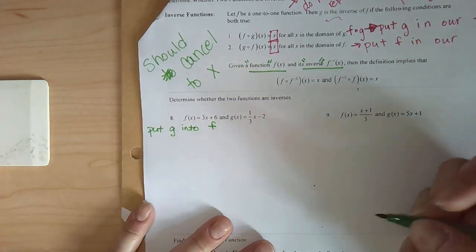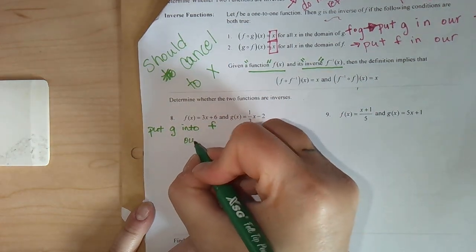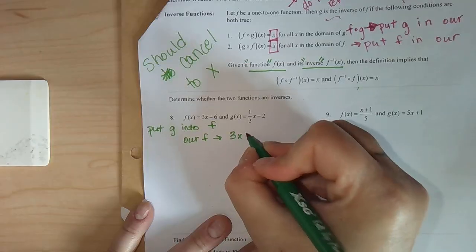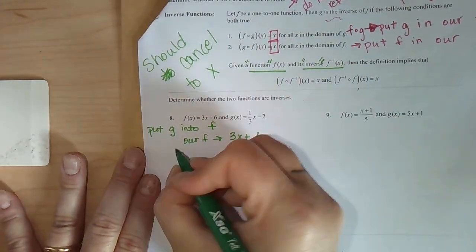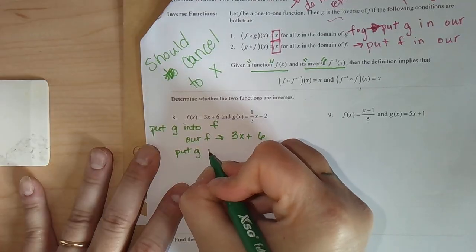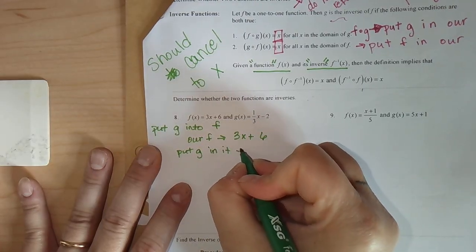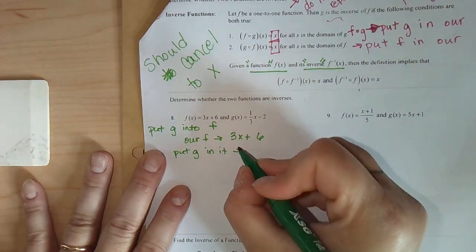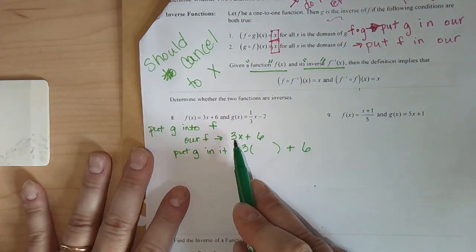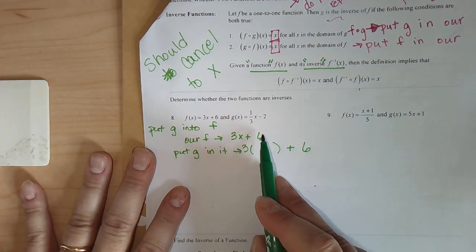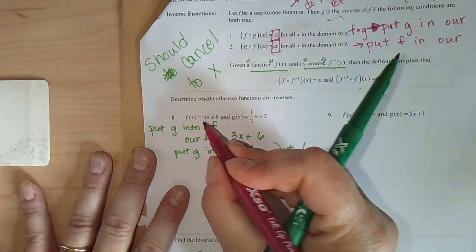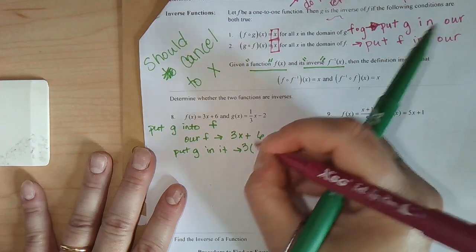Our f is 3x plus 6. Now we're going to put the g in it. So instead of 3x plus 6, we're going to have still the 3 in the parentheses and the 6 and the plus sign, but instead of that first x, we're going to put that 1/3 x minus 2.